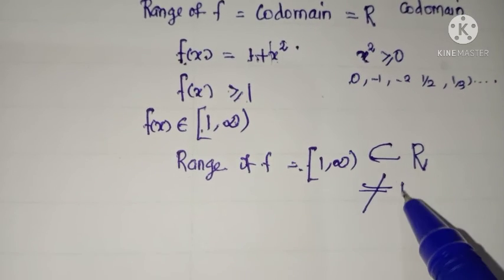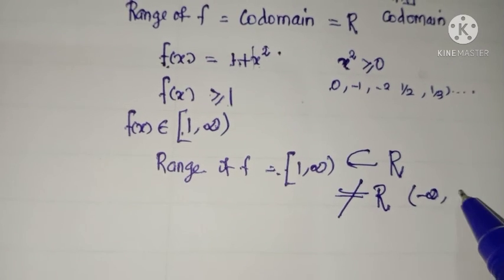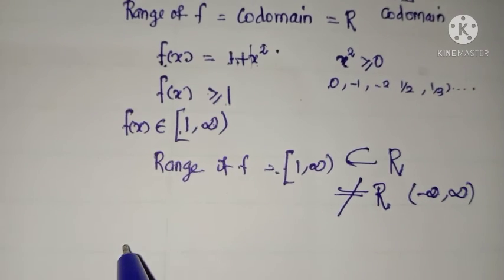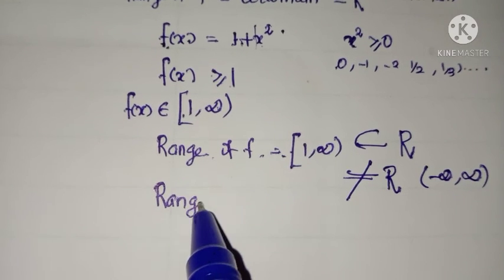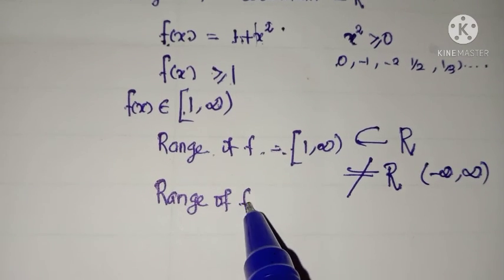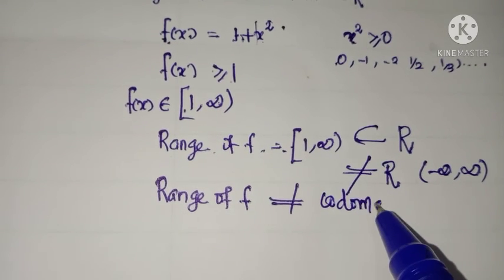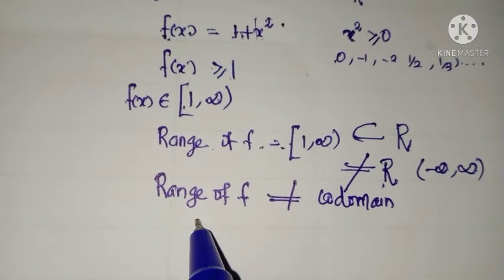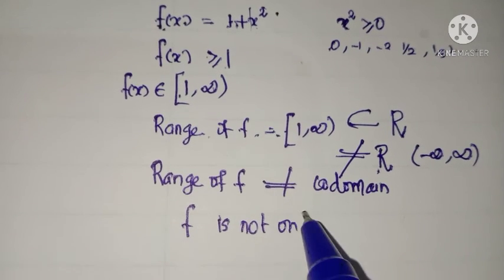It is not equal to R. What is R? It is -∞ to ∞. So range of f is not equal to R, which means range of f is not equal to codomain. So the given function f is not onto.